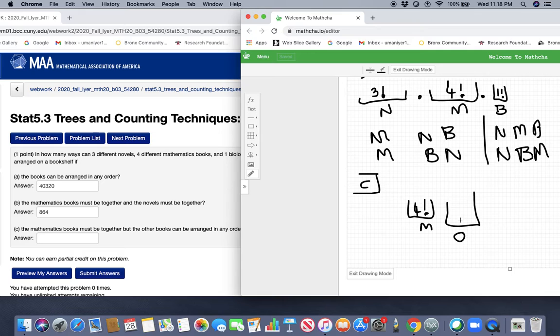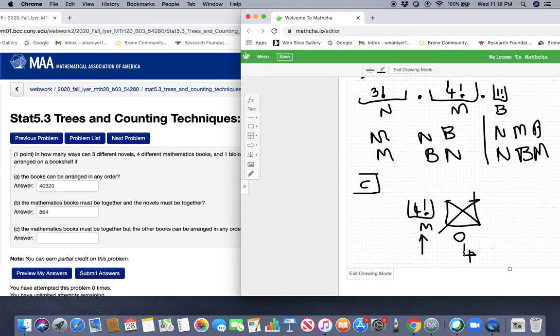I mean, they don't have to be together. But I need to think of the mathematics as one block. Well, the others are 3 novels and 1 biology book, 4 books in all. So I can think of the mathematics as one book, and then there are 4 other books.